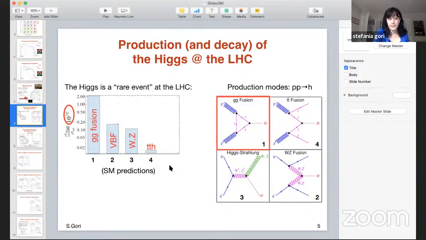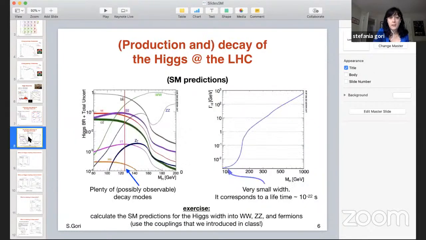And so this is for the production of the Higgs at the LHC. And then for the ones that we produce, the Higgs will decay. It's not a stable particle. And then we can make predictions using the standard model Lagrangian that we have studied Monday, Tuesday, and today. We can make predictions for the several probabilities of the Higgs to decay to whatever particle in the standard model.